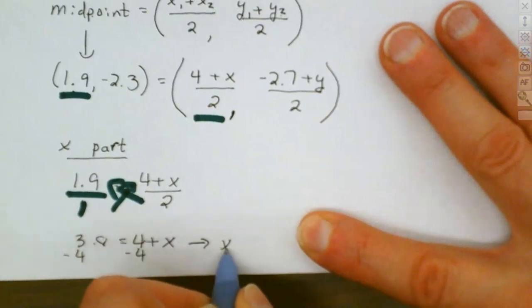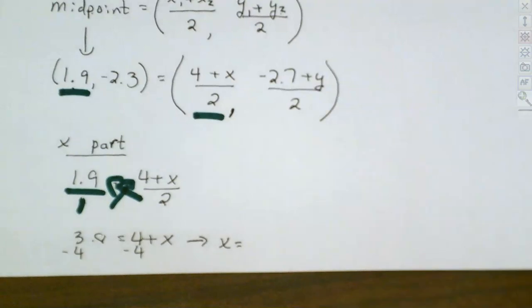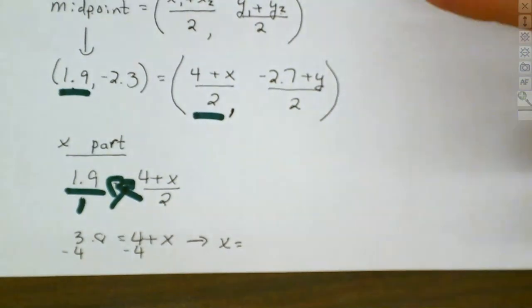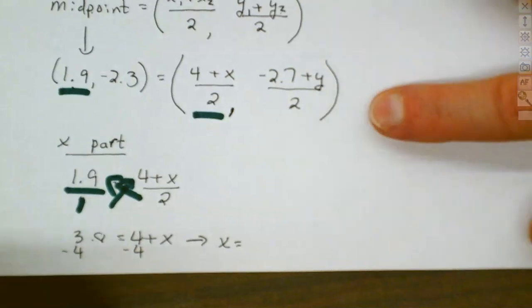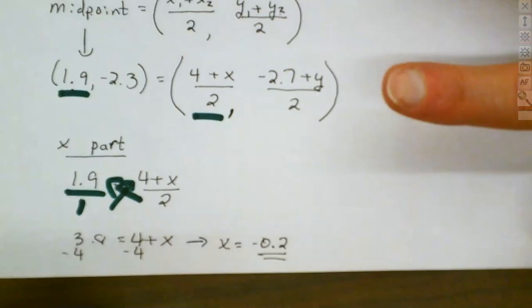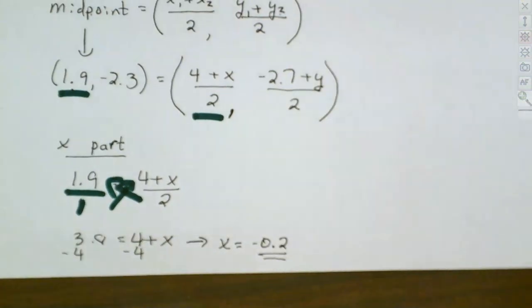Watch your signs here. When I move that 4 over, I have 3.8 minus 4. So 3.8 minus 4, that is a minus 0.2. Okay. Is everyone all right with that? So that is the x part.